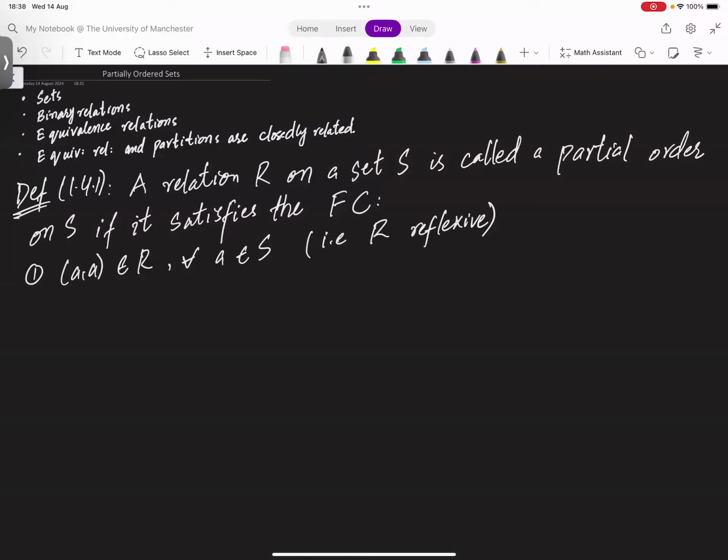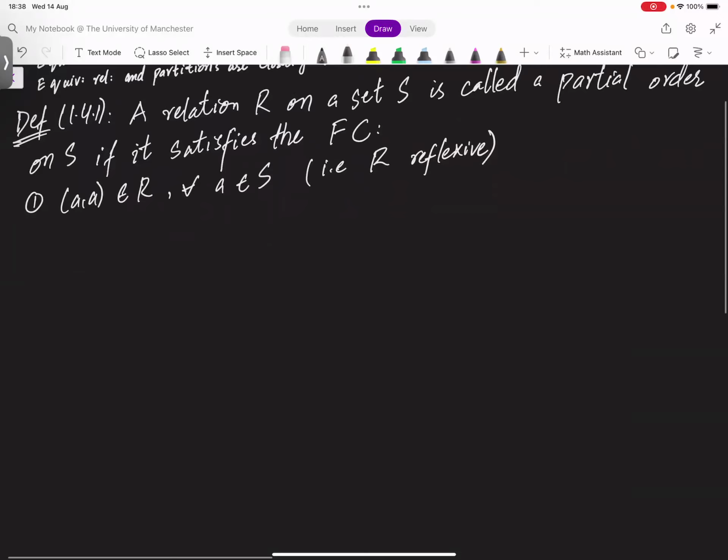You can also say that a is R related to a.